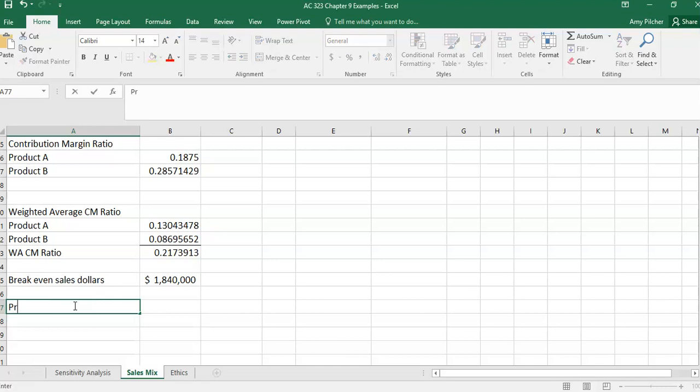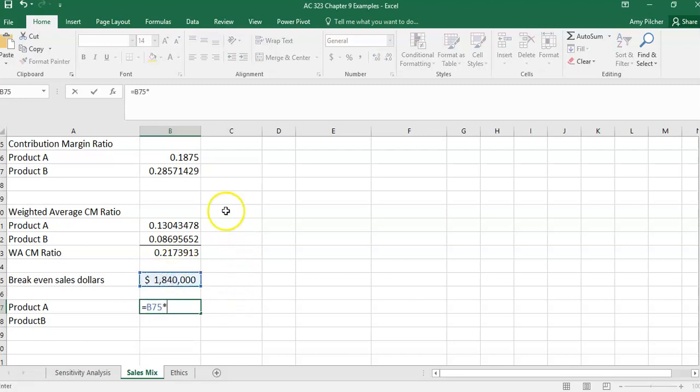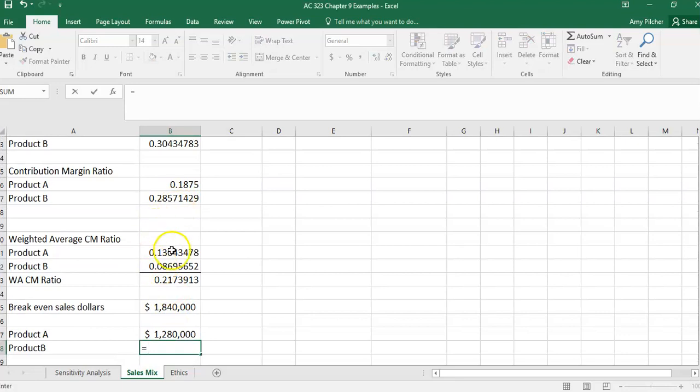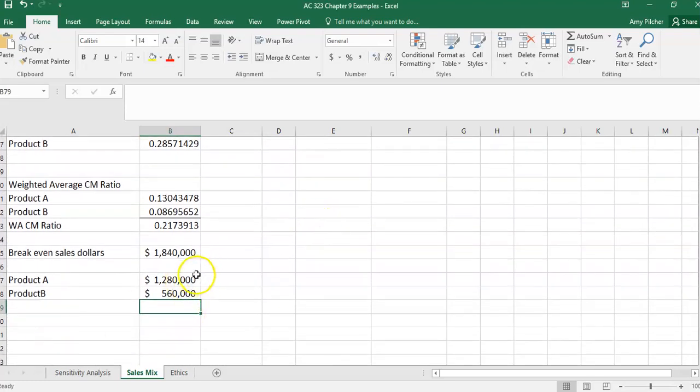We would then determine what we need in sales of product A and product B based on their weighted amounts, where we would take the break even in sales times their percentage of sales amount, telling us that we need a total of 1,280,000 of A and 560,000 of B to break even.